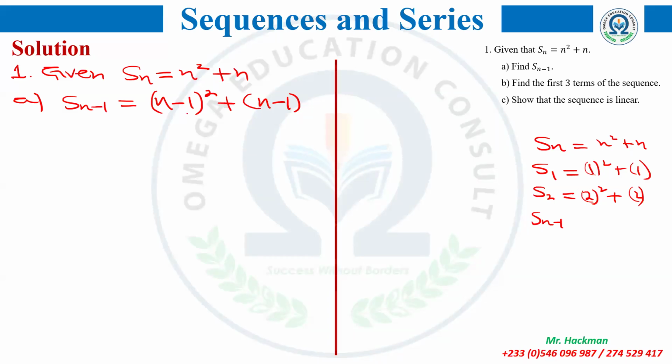Just as you substituted 1 and 2 for S sub 1 and S sub 2, here your new n is n minus 1. So wherever I see n here, it is n minus 1, squared, then plus this n, which is also n minus 1. Is it clear now?